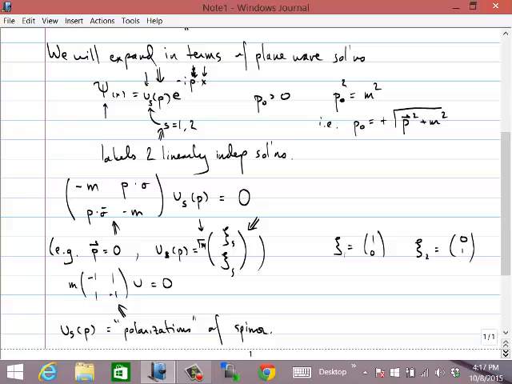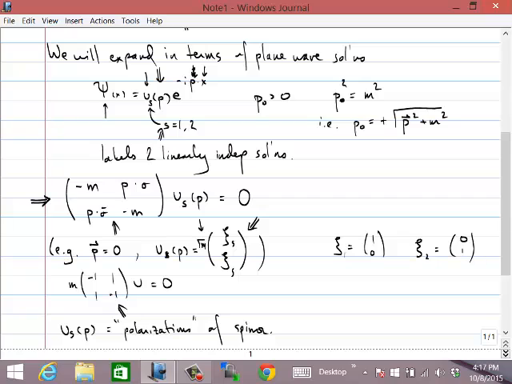U is a 4-component spinor, and it is annihilated by a 4 by 4 matrix, which is this matrix right here. If I write it in 2 by 2 block form, I think of the 4-component spinor U as a 2-component spinor on top of a 2-component spinor. 2-component spinors are the things that you are used to dealing with in non-relativistic quantum mechanics.